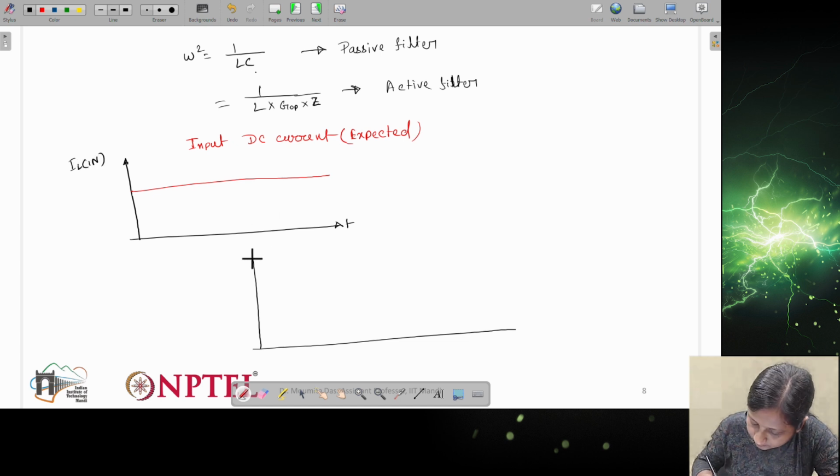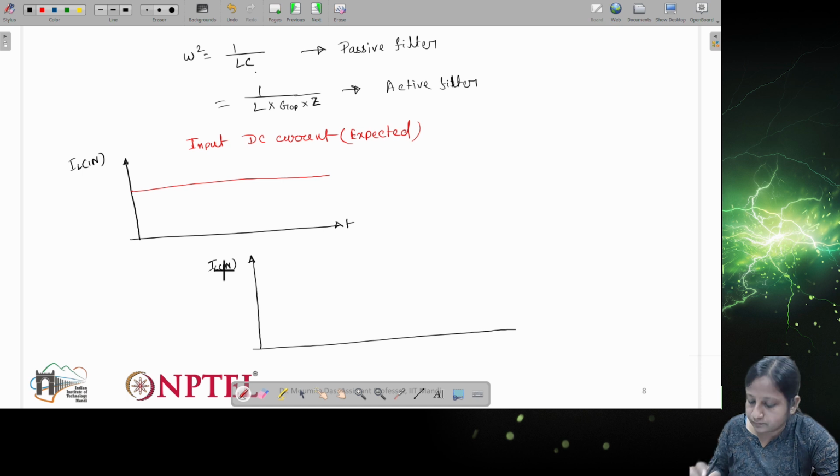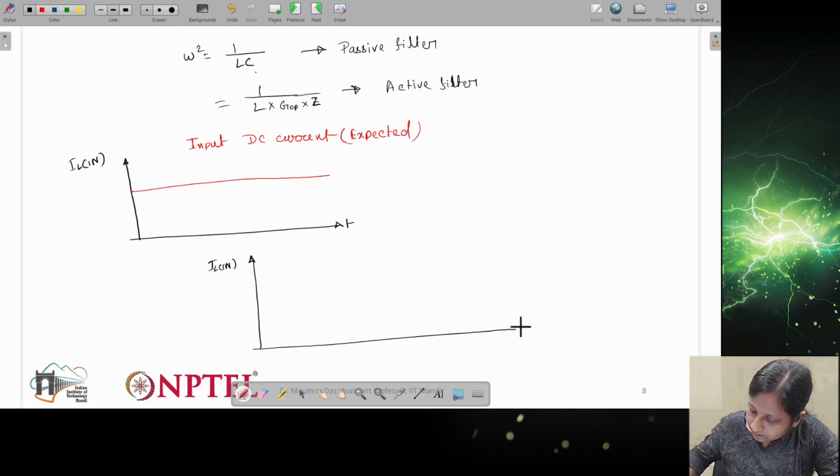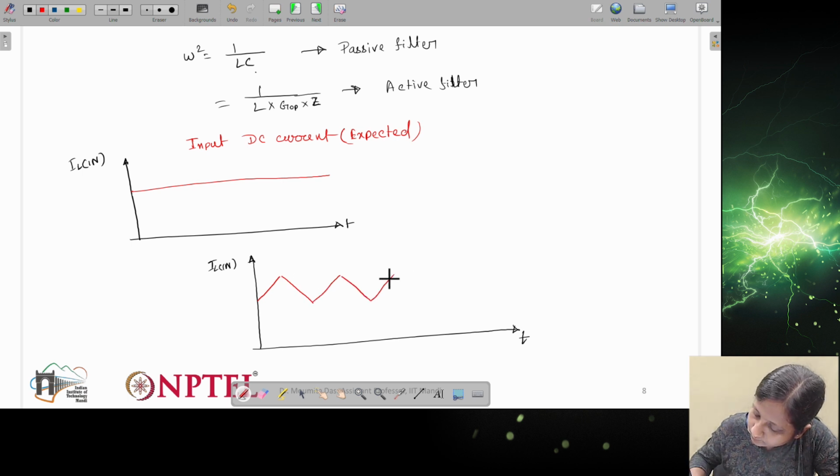So then here we are getting IL. So you get the idea. So this will be the ripple current of the inductor. This is the ripple current in the input inductor, IL in.